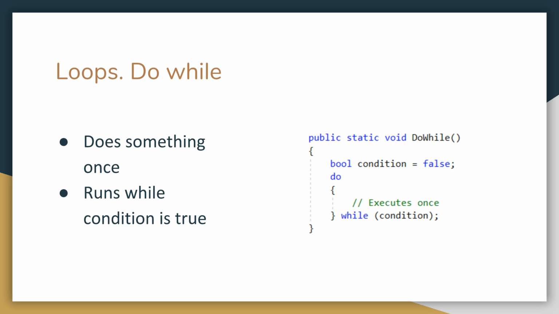That's the difference. It's a rare case, to be honest. I don't really use this one, but sometimes you want to always execute something at least once and then keep repeating while the condition is true. A rare case, but a possible case.